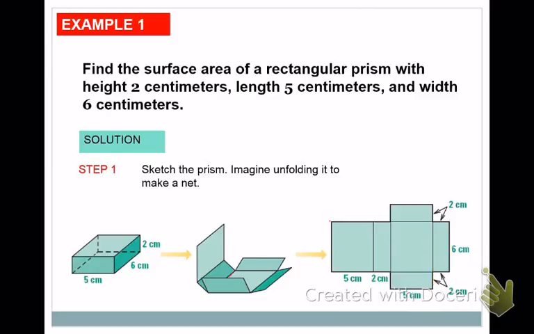Okay? Now, the length, which is represented by this, this, this, and this in the solid, as you watch this unfold, becomes this, this, this, here, here, and here. And as you lay it down flat, becomes these pieces and those pieces.